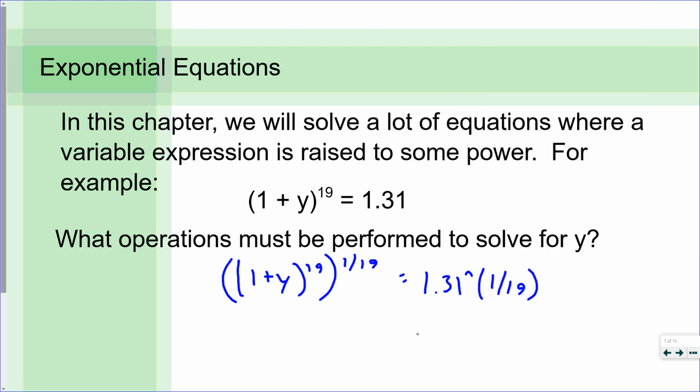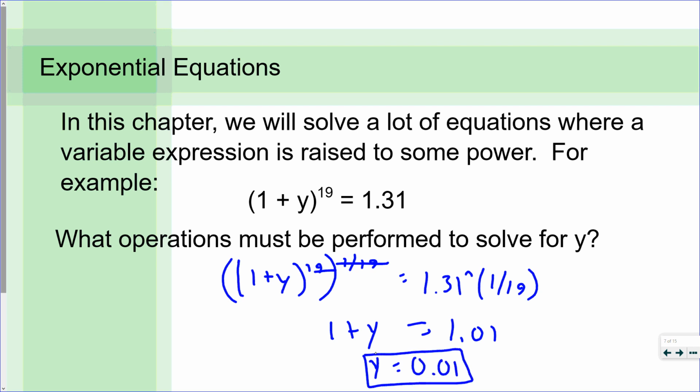And so this is about 1.01. So 1 plus y is equal to 1.01 because these exponents canceled out. And so I can subtract 1, and I get y equals 0.01. Yeah, lots of decimals here, right, folks? But that's the way this is going to go.